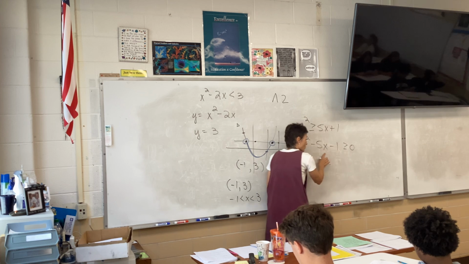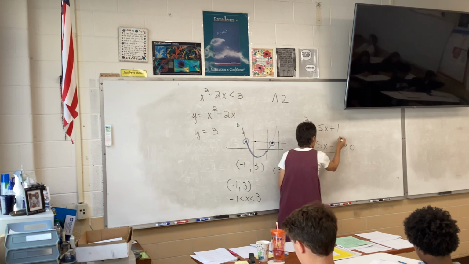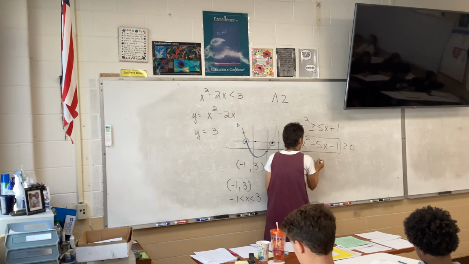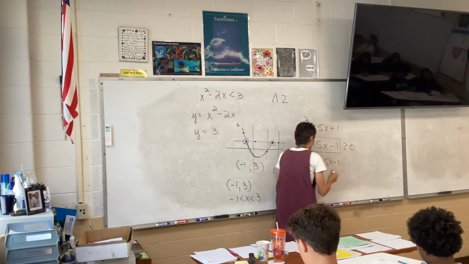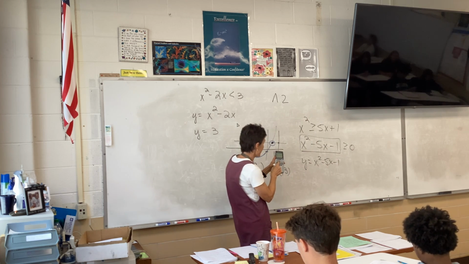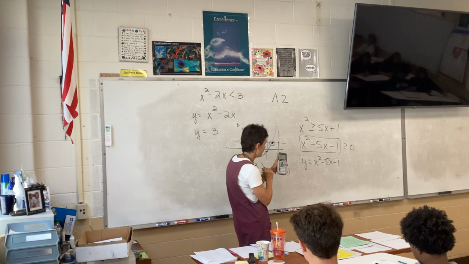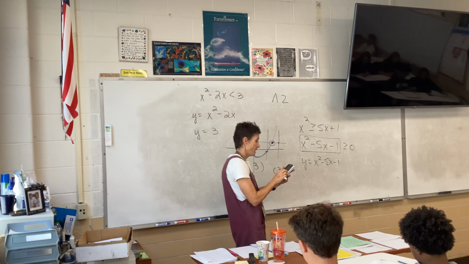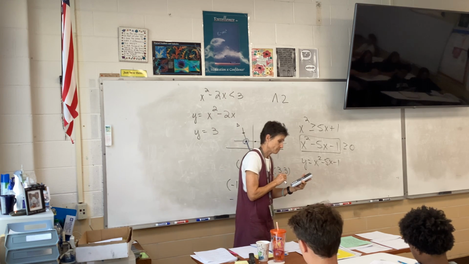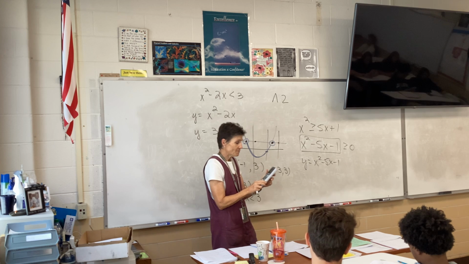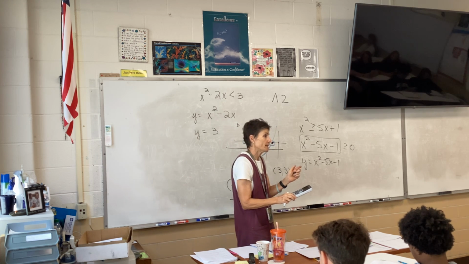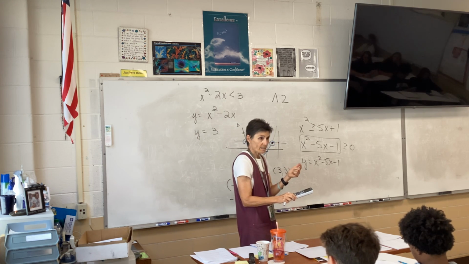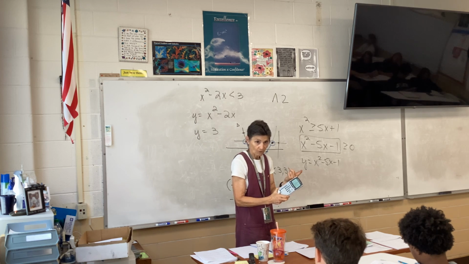This is gonna be y equals x squared minus 5x minus 1, and hit graph. Now, obviously, since I only put in one equation, I'm only gonna get one curve.